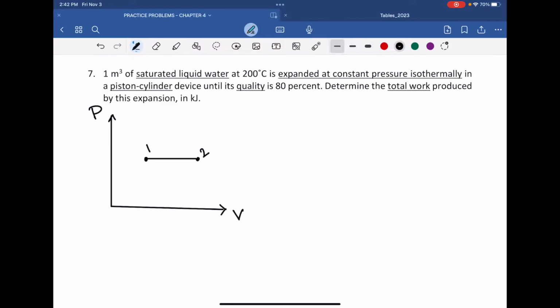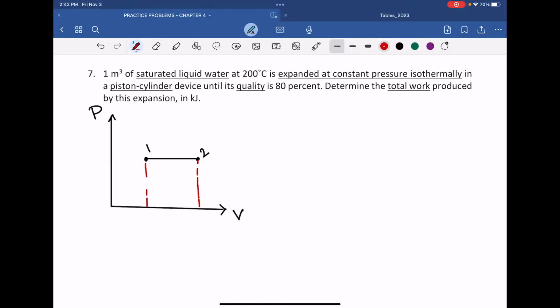And determine the total work produced. That seems like just the area under the PV diagram, which is just a rectangle. And if we know the volumes and the pressures, we can calculate this.